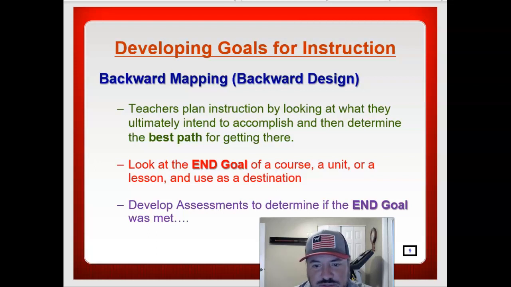Or do we have to just hustle up and stop and eat at a gas station and get to Memphis? So that's your assessments along the way. You look at your data, you look at your statistics, and then you reassess and determine how to get to your end goal. So that is the concept of backward mapping or backward design. Look at your end goal and then work your way backwards to design how you're going to get there.